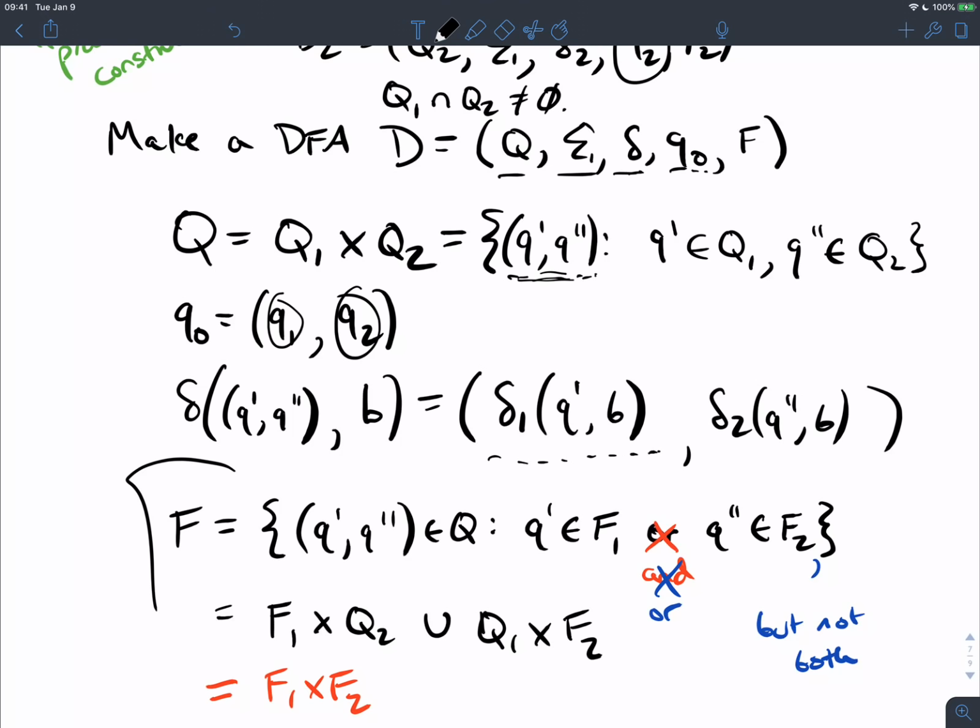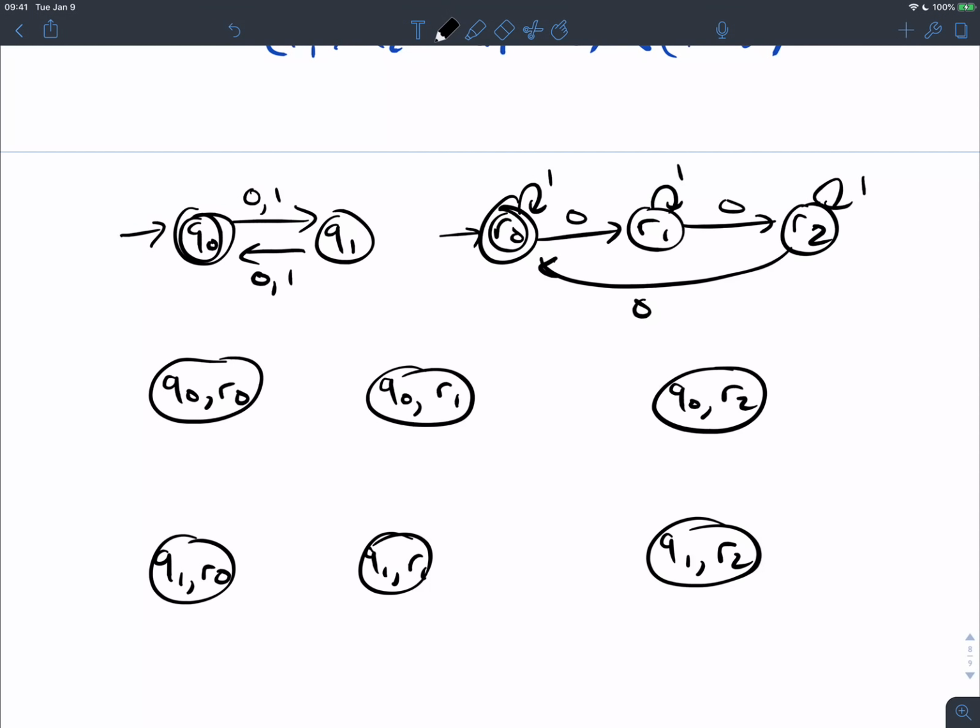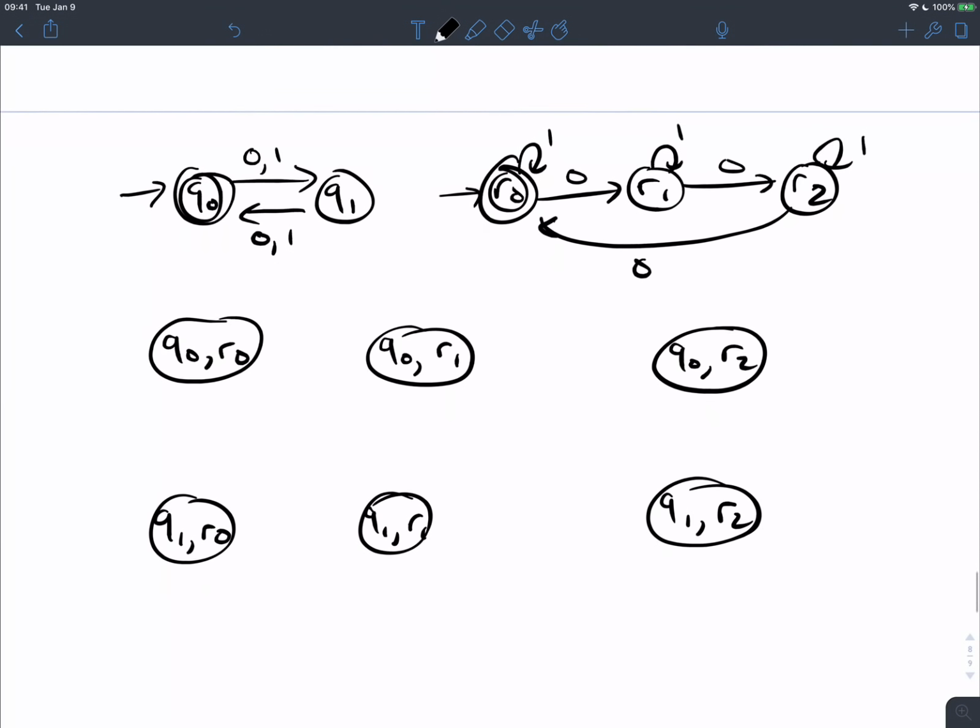It's entirely mechanical all the way through. So in fact, a computer can do this, and there are some libraries you can download if you wanted to make a computer do it for you, which is nice. So okay, let's worry about final states at the very end.